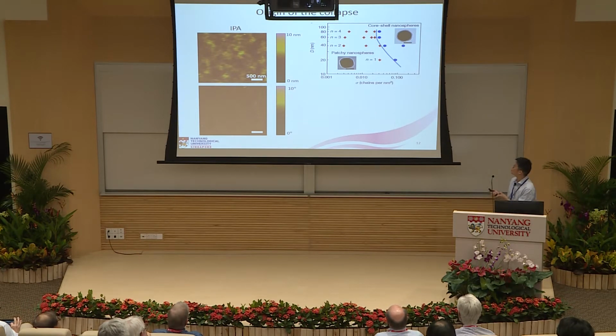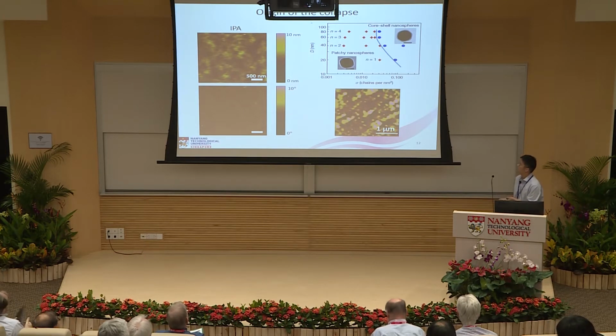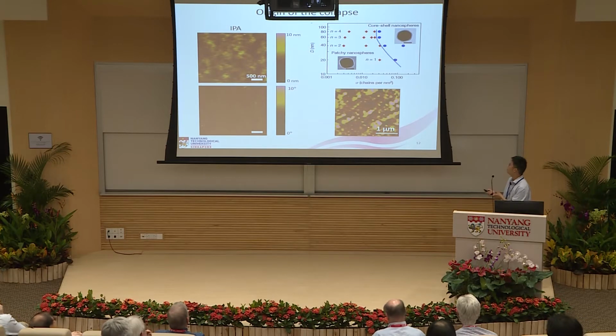This again agrees with other people's studies on gold nanoparticles really well, because we have a fairly high grafting density, so we are indeed in this core-shell regime. Again, when we compare the AFM profile in poor solvent with the AFM profile with trivalent salt, they're dramatically different.